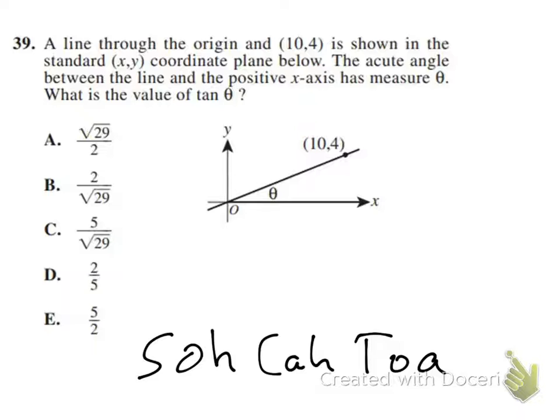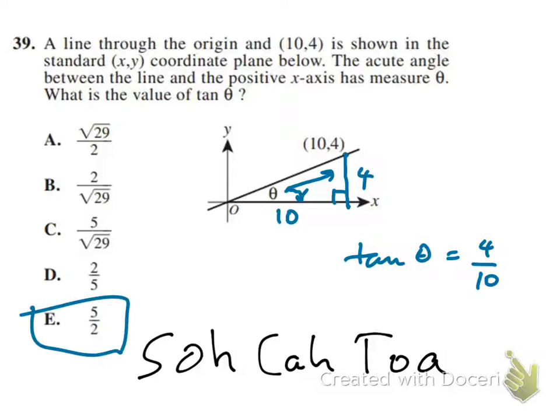And all you got to do, guys, is drop a triangle in this thing right there. The height of this triangle is 4. Base of the triangle is 10. Tangent of theta is the opposite leg divided by the adjacent leg. So the tangent of theta is 4 over 10, which simplifies to be 5/2.